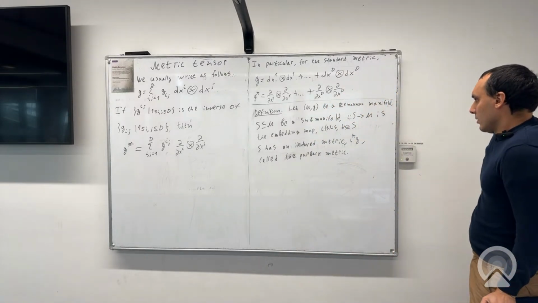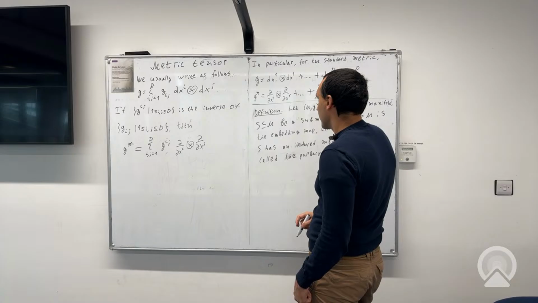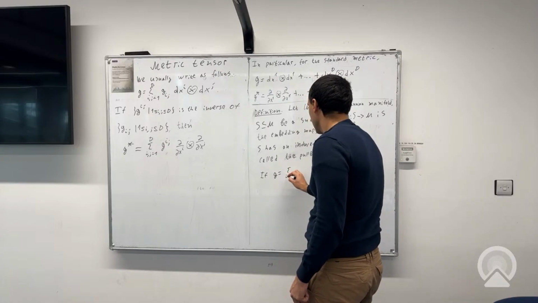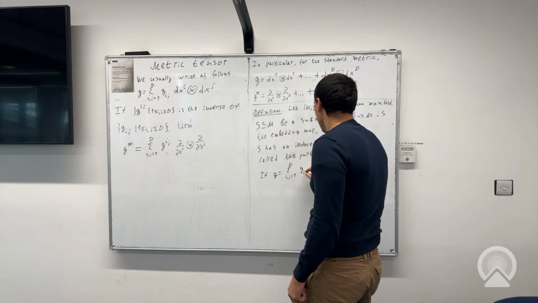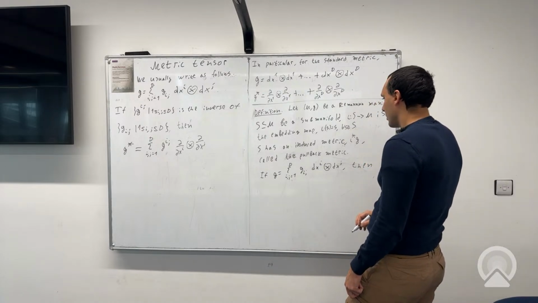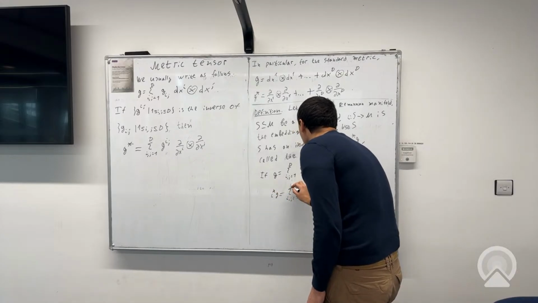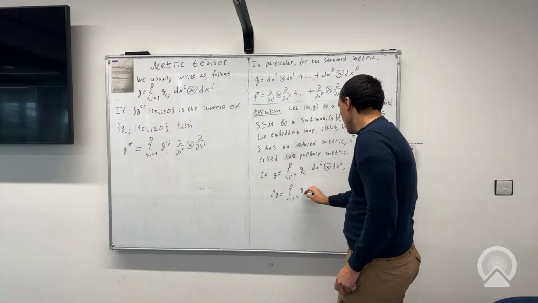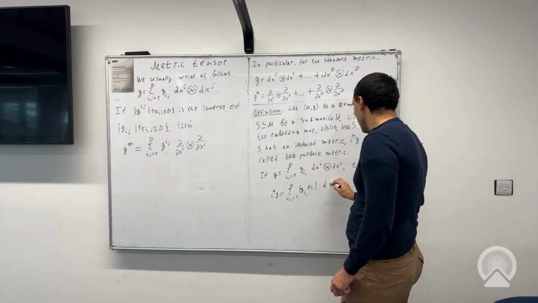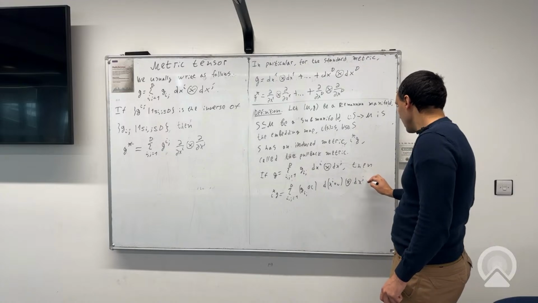Okay. So if g is the sum from i, j equals 1 to d of g_ij dx^i tensor with dx^j, then iota star g equals g_ij composed with iota, times dx^i composed with iota, tensor product dx^j composed with iota.